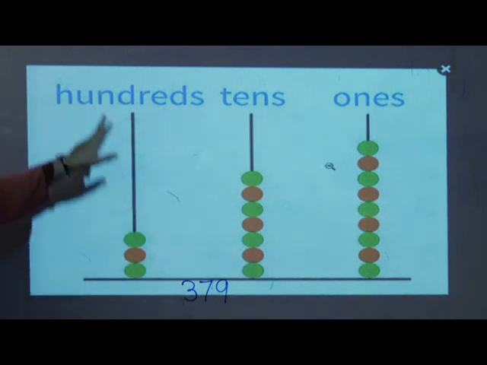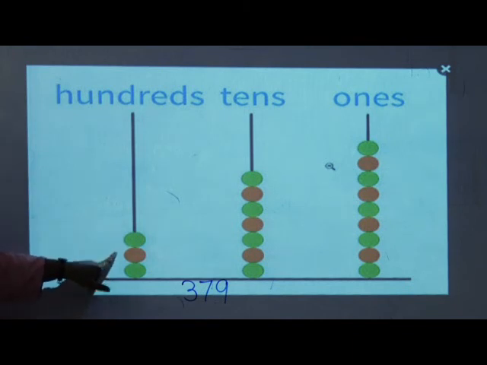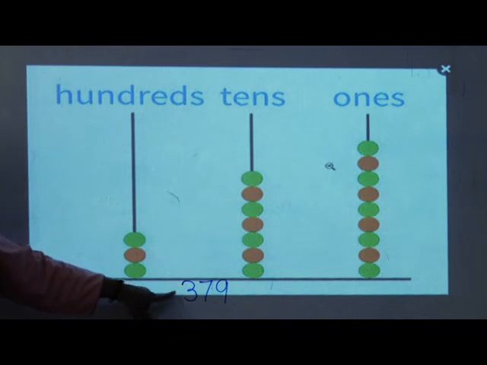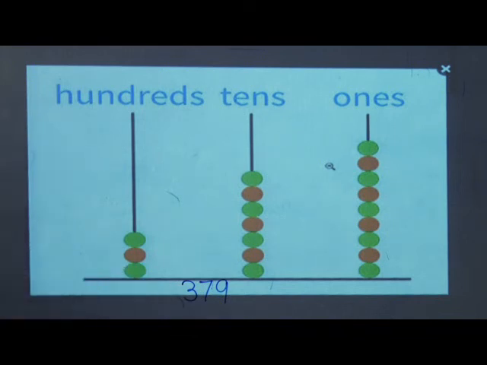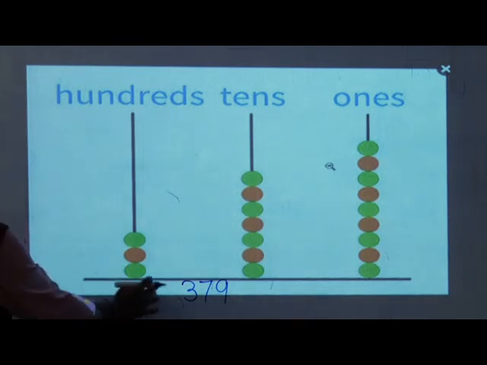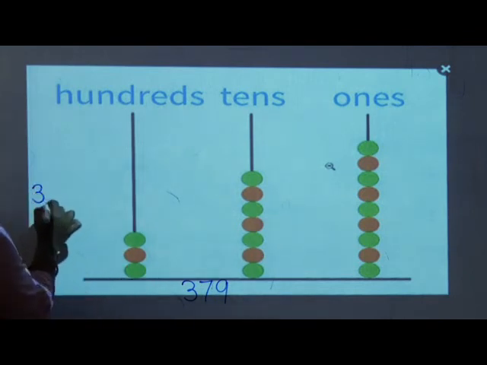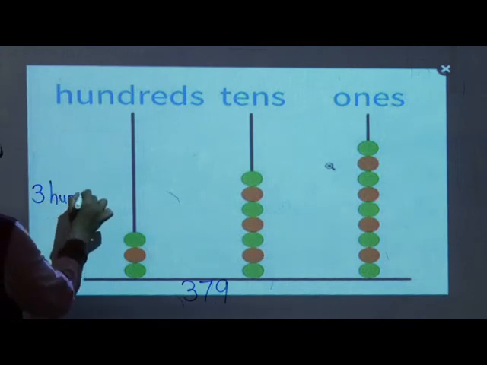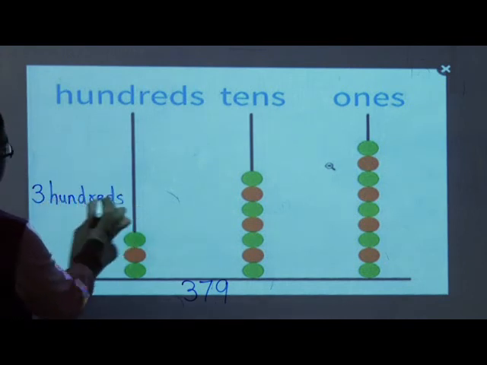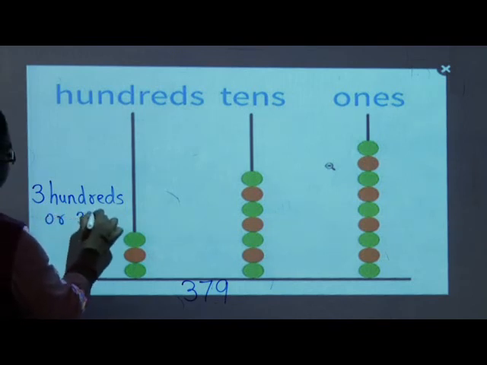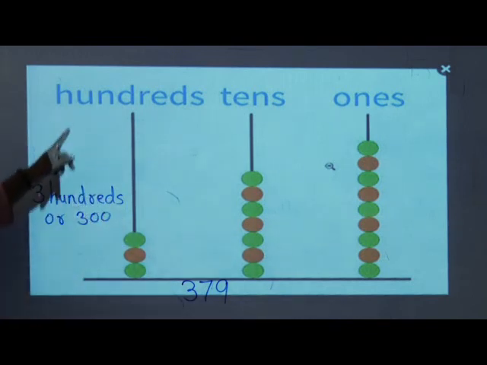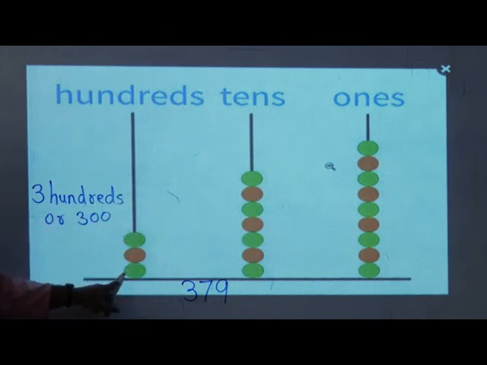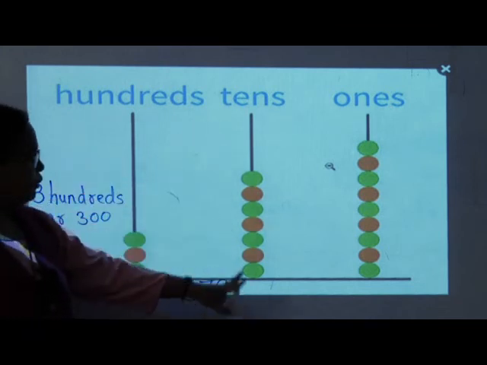Now see, in the hundreds column how many beads are there? 3 beads. So the place value of 3 is 300s or 300. Then the place value of 7.